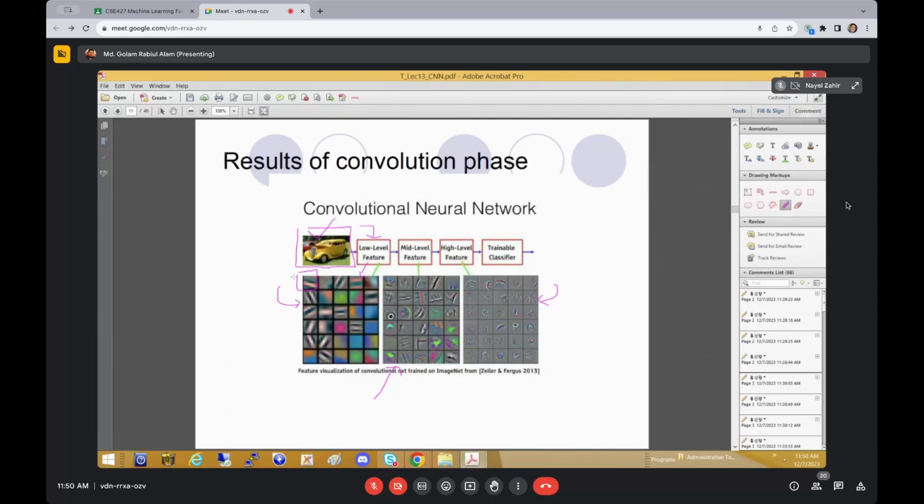So several filters will extract several kinds of features. Surface level features will just detect some lines and also colors. And then in depth level features, it will try to find out the textures, and then more depth level textures. Is it clear?